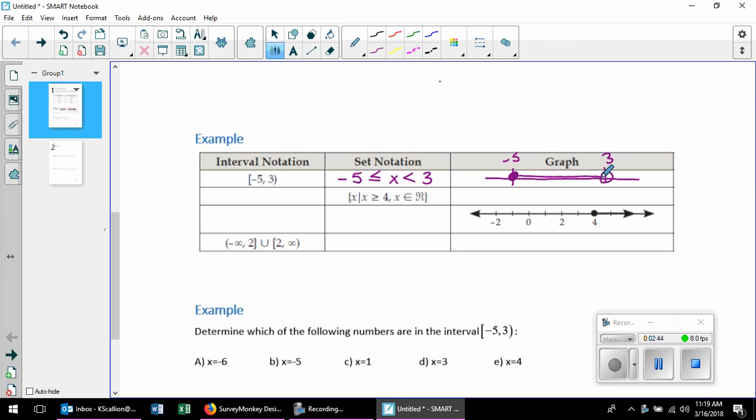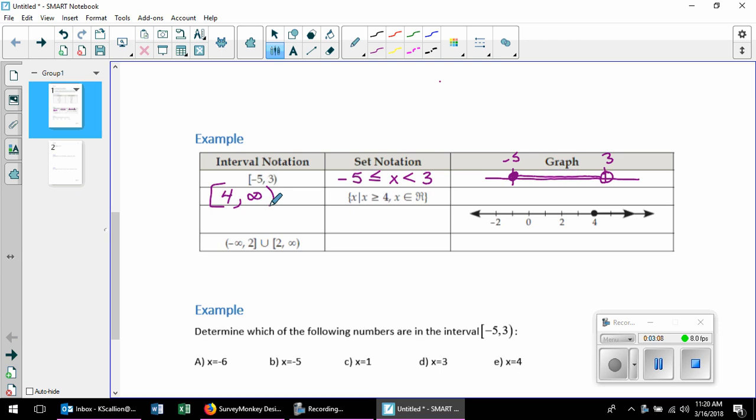The next one, set notation: x has to be greater than or equal to 4. Put it back into interval notation. Inclusive or non-inclusive of 4? Inclusive, so a square bracket, then a round bracket.